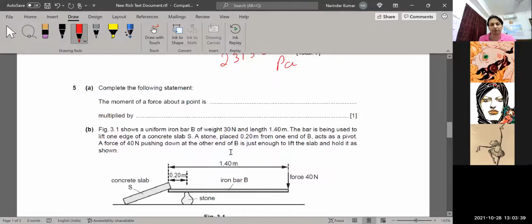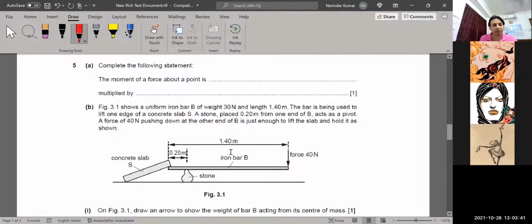Question number 5. Complete the following statement. The moment of a force about a point is... the moment of force, torque. Torque about a point is what? Force multiplied by, children, multiplied by what? Perpendicular distance.